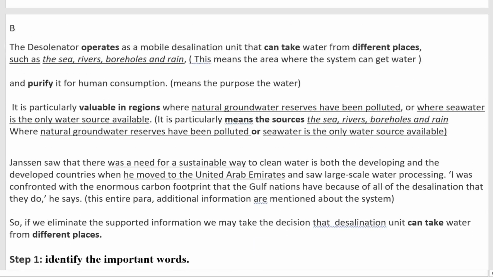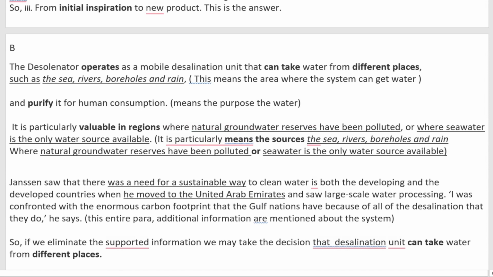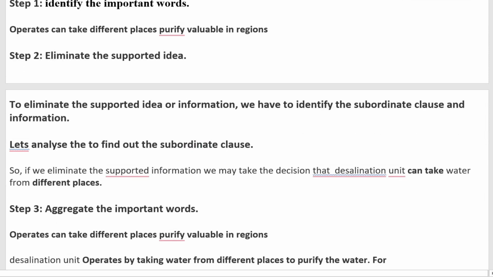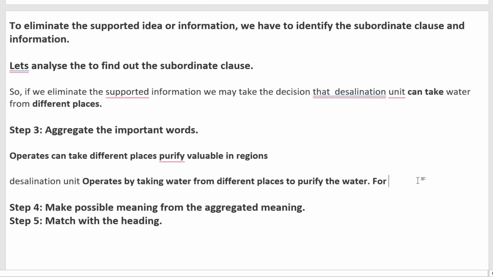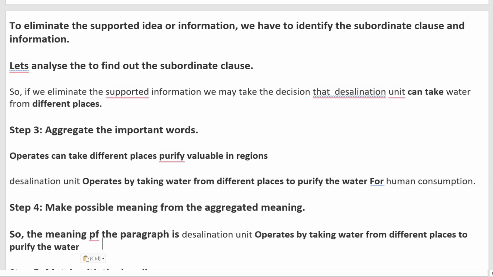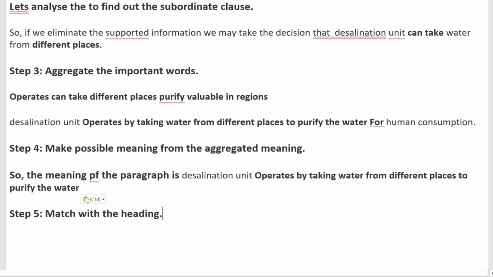Step 4. Make possible meaning from the aggregated meaning. So, the meaning of the paragraph is desalination unit operates by taking water from different places to purify the water.